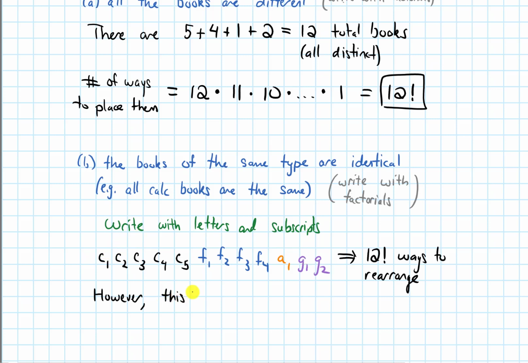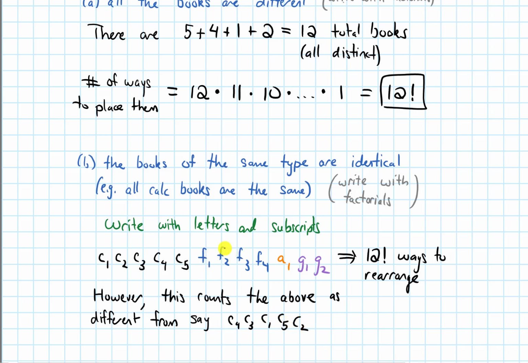So this counts the above rearrangement as different from, say, if I were to switch some of the order of the C's, so maybe I did C4, and then C3, and then C1, C5, and C2 in that order.